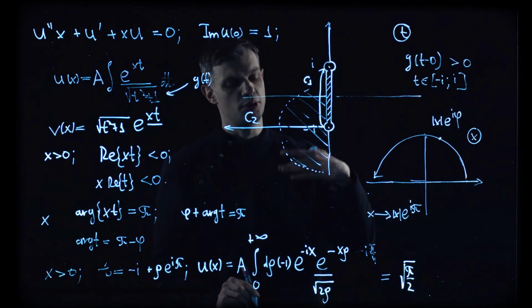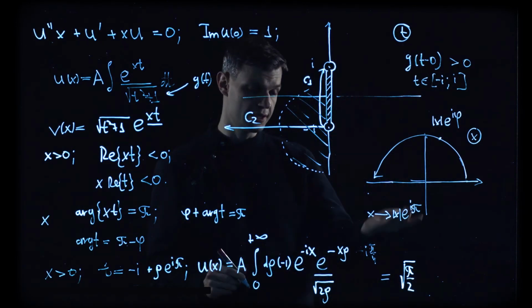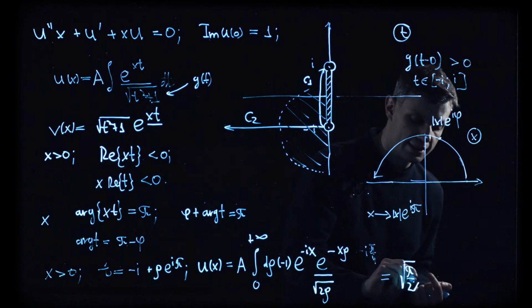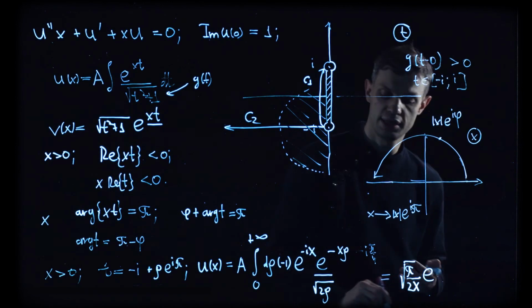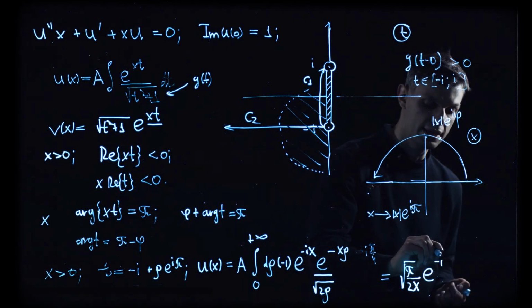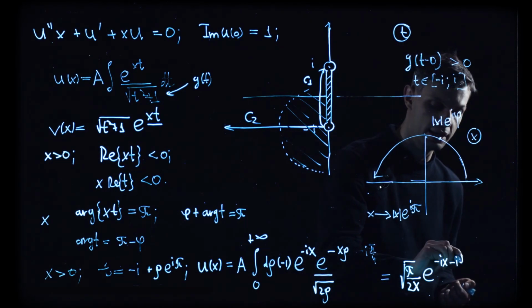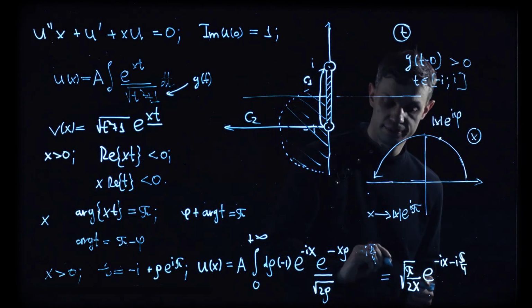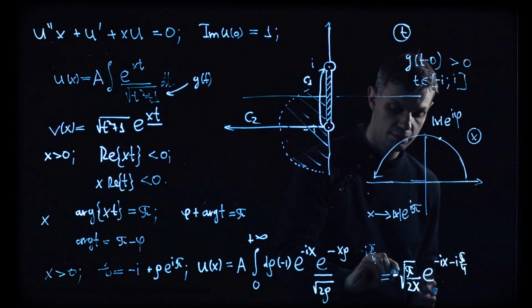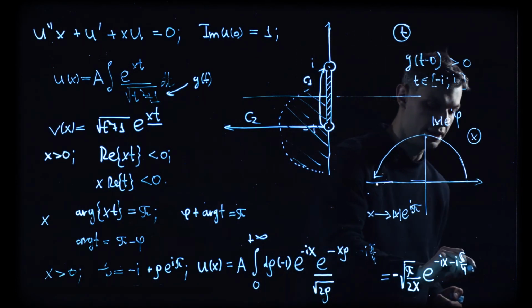After the appropriate change of variables, which we did last time, you get x in the denominator, and you get e to the minus ix minus i pi by 4 in the exponent of your exponential function. And naturally, you have a minus sign and constant a.